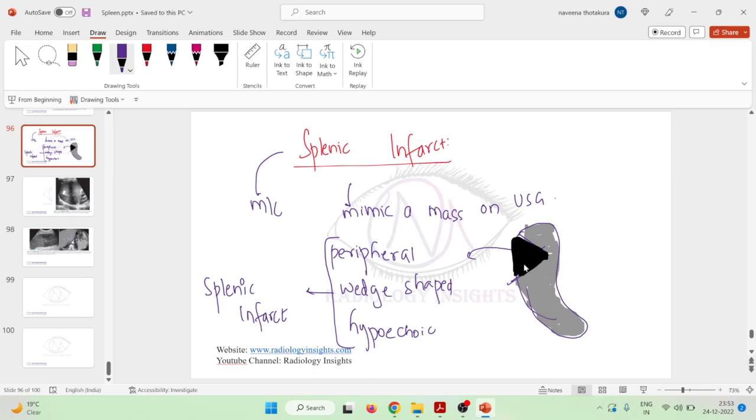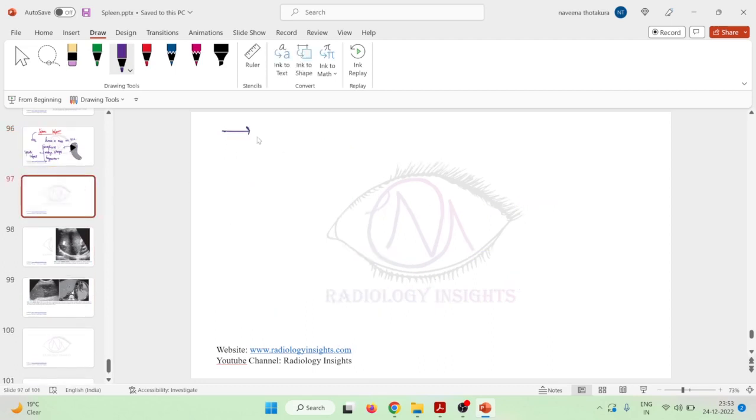Sometimes the splenic infarct might also look multinodular in appearance, or there might be mass-like changes with irregular margins.